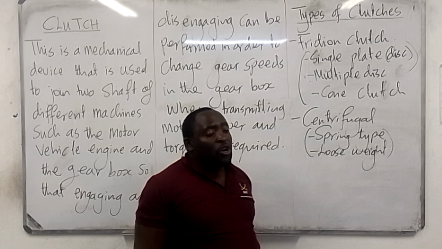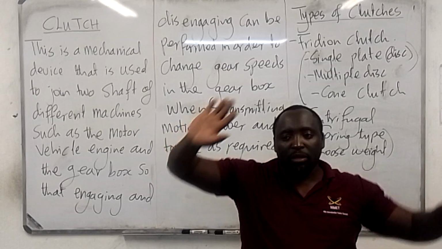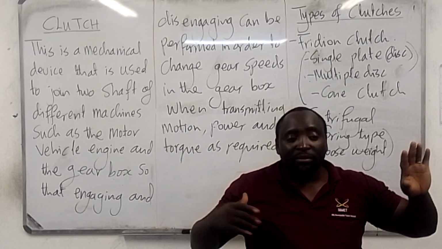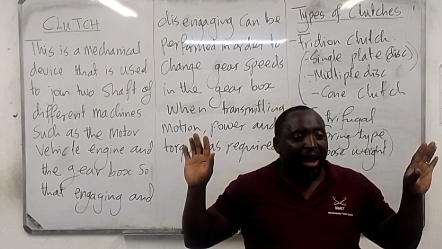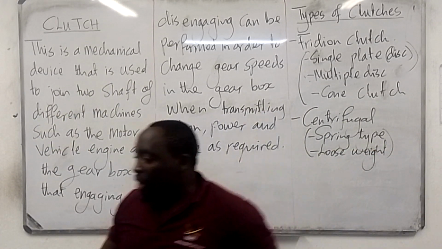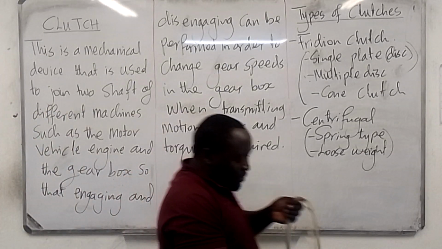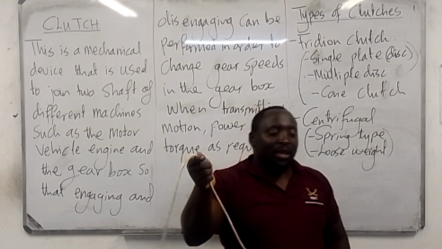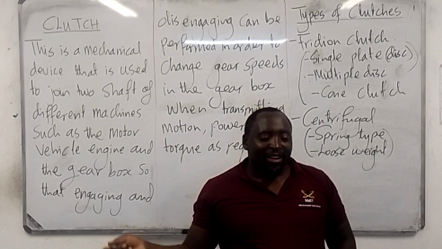When we come to the centrifugal clutch, it is interesting. It has got shoes. When the car is running at slow speed, they will detach. Remember, the higher the speed, the more the effect. When we were growing up, this is what we used to do. You take something and spin it.